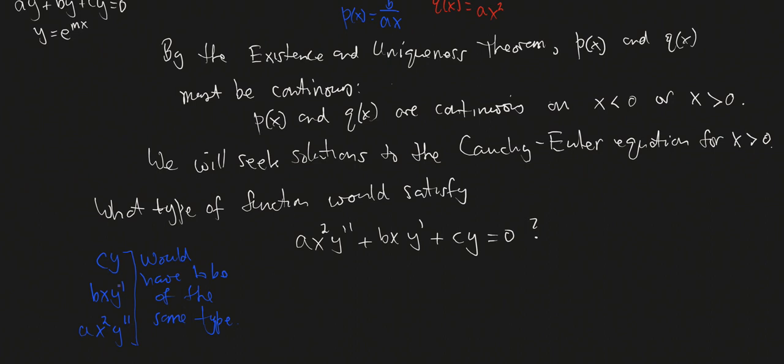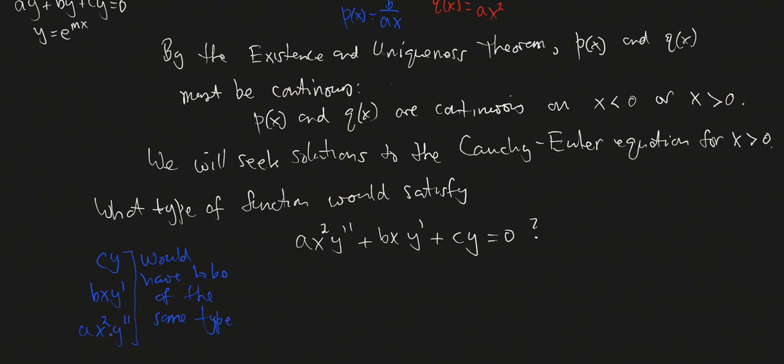Let's think about what happens here. Remember, y is some function of x. So we take a function of x, we differentiate it once, and then we multiply by x. And we're saying we want these two to be the same. And similarly, if we differentiate that function twice and then multiply it by x squared, again, we would want it to be the same type of function.